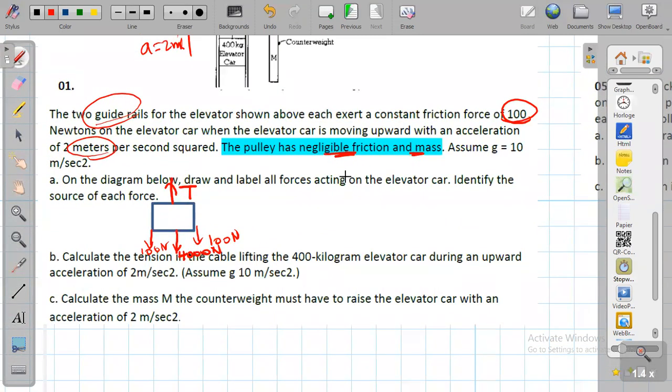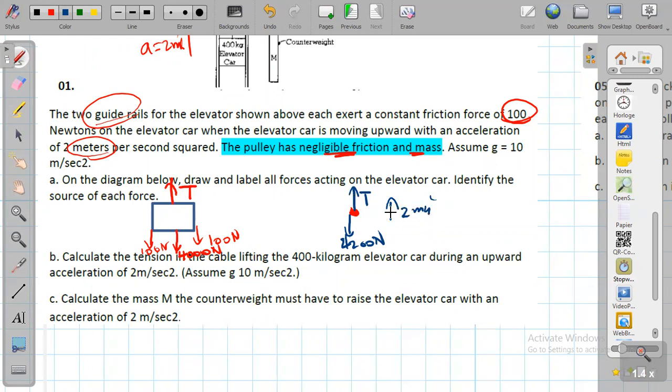Okay, now let me sort out these forces. Altogether, what is it? 200 and 200 there, and 4,000, that means 4,200 newtons downward, and the upward tension is there, with an acceleration of 2 m/s².